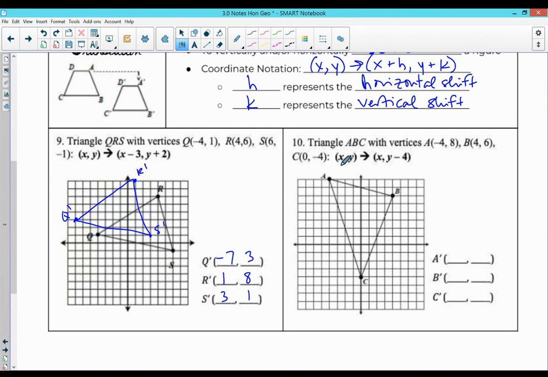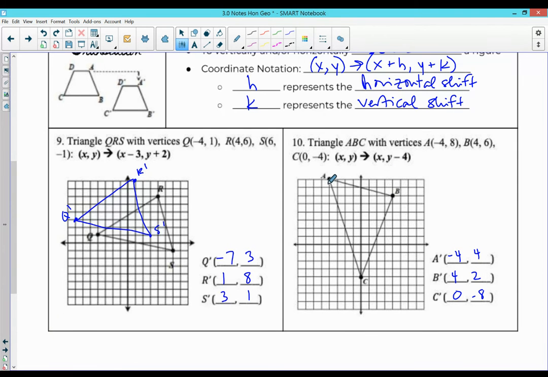All right, and here (x, y) becomes (x, y minus 4). That means all of my x values stay the same, and my y values I'm subtracting 4 from. So that'll be (4, negative 8). I'm not moving left or right at all, and I'm just moving down 4.